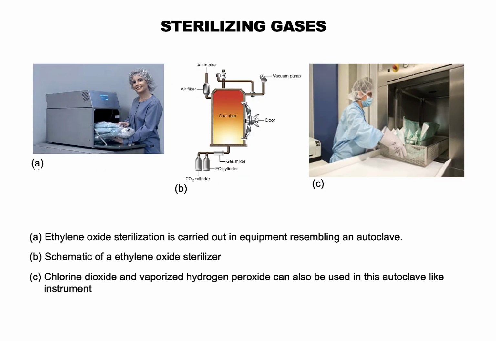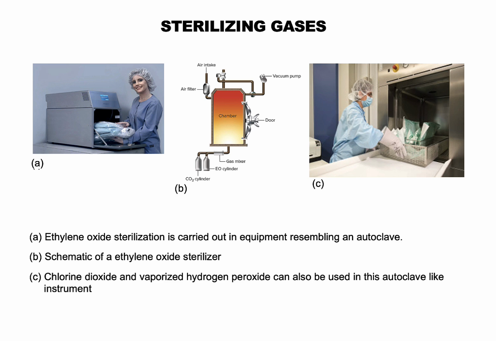Sterilizing gases can be used to sterilize heat-sensitive materials. These gases are microbicidal and sporicidal. Ethylene oxide represents another category of alkylating agents used for gaseous sterilization. Its high penetrating capability allows for sterilization of heat-sensitive items, including plastic-wrapped medical devices and laboratory supplies.